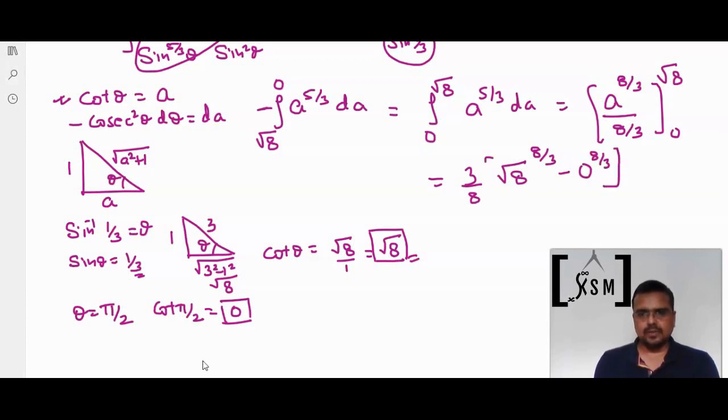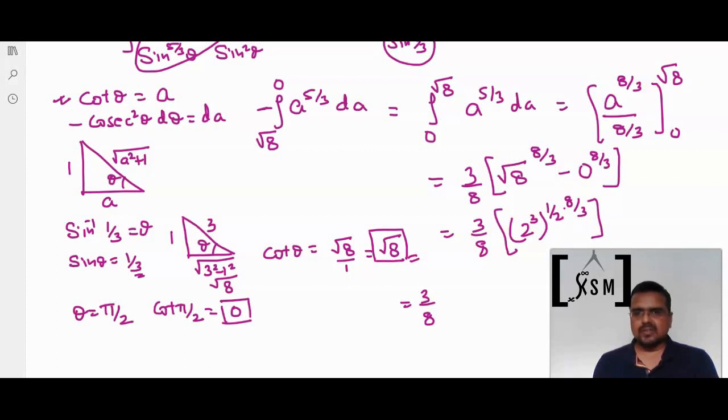Now guys, root 8 can be written as what? Root 8 can be written as 8 over 3, whole to the power 1 over 2, correct? Good. Now we know that all the powers will be multiplied, right? So this 3 and this 3 will be cancelled.